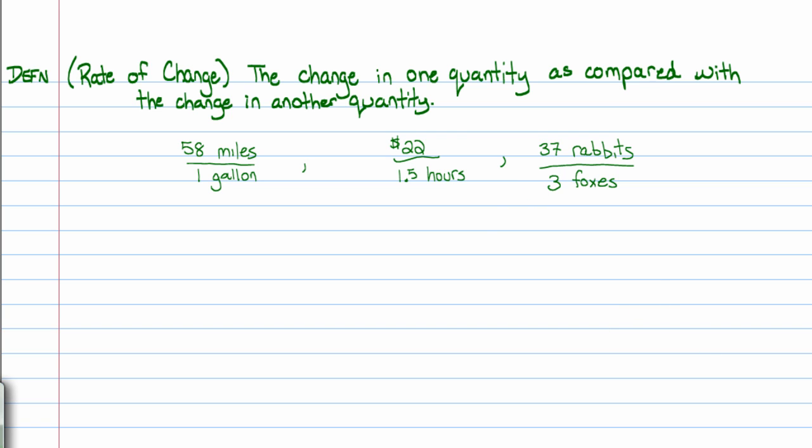Now, one last item I want to talk about before we get into some applications, because I really think that this is super important. If you have a situation that can be described graphically, and most situations in mathematics can, actually most situations in real life can, you should really pay attention to the units for the axes.